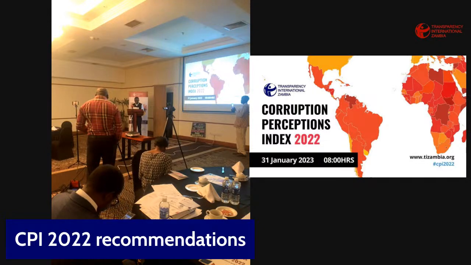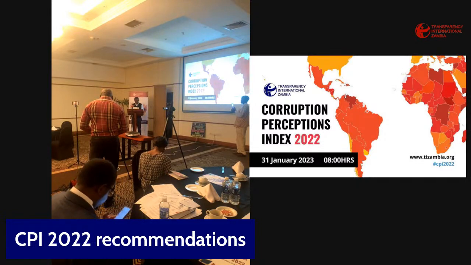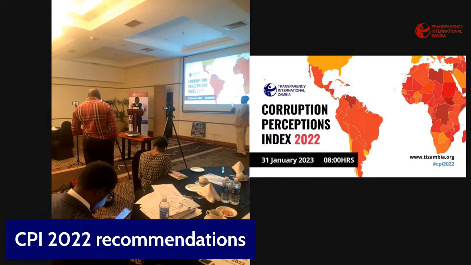We therefore encourage the Ministry of Information and Media to address the bottlenecks in this process and to see to it that the Access to Information Bill gets enacted into law this year. Achieving this milestone will be a critical input for enhancing the fight against corruption in Zambia.